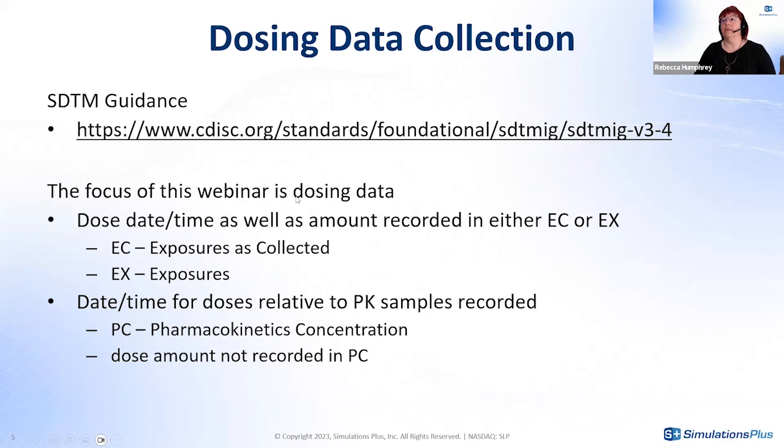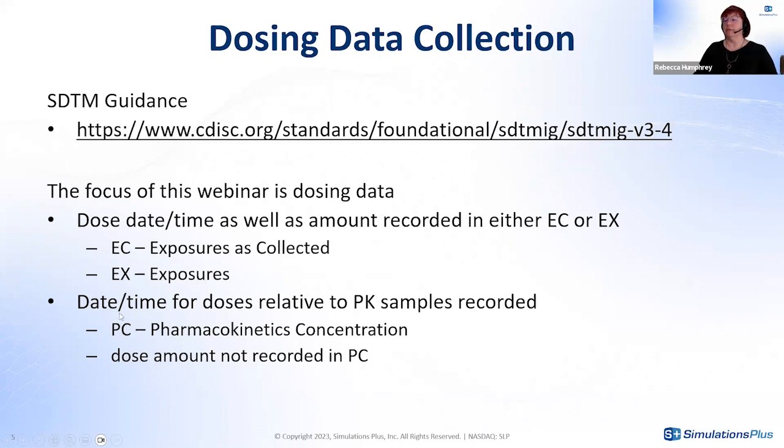My focus today is going to be on dosing data. Dosing data can be found in a few different SDTM domains. The main domains for dosing data, where dose date and time as well as amount can be recorded, are EC for exposures collected, or EX for exposures.